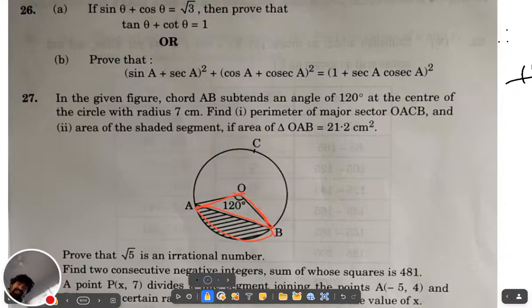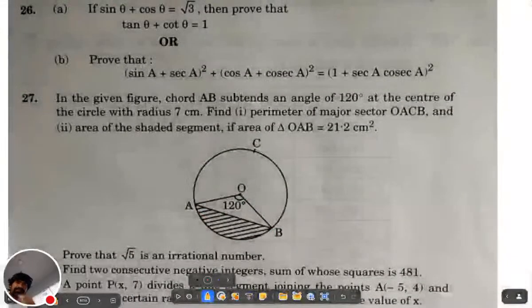Area of triangle is already given, so we need to find the area of sector and subtract area of triangle, then we will get area of shaded region. Okay, first of all, let's find the perimeter of the major sector. Okay, let's redraw this one.